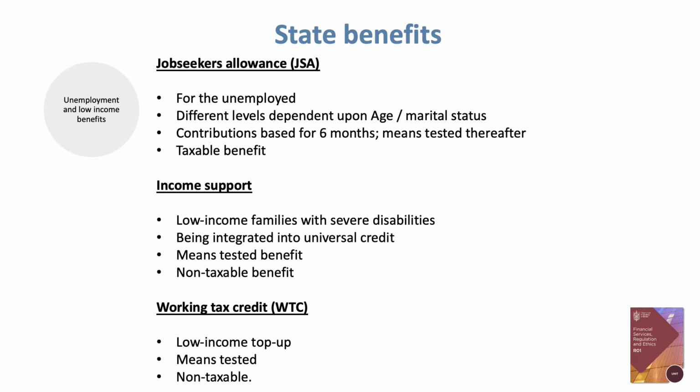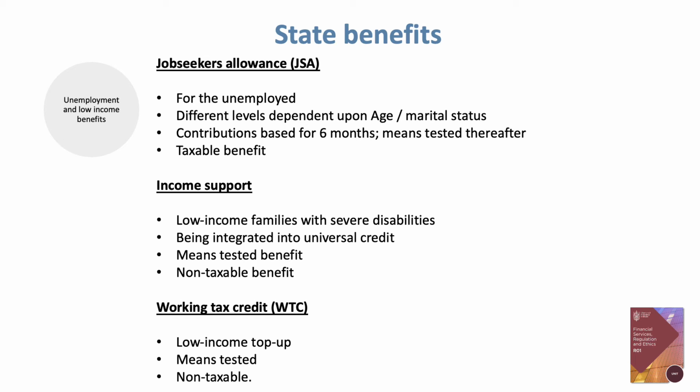A lot of income support has actually been pulled into other areas, and you need to consider it purely from a high level aspect. Working tax credits are a top up for those that work in excess of 16 hours per week.